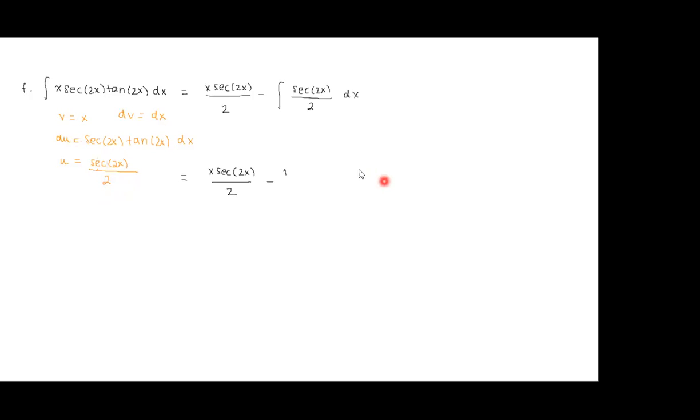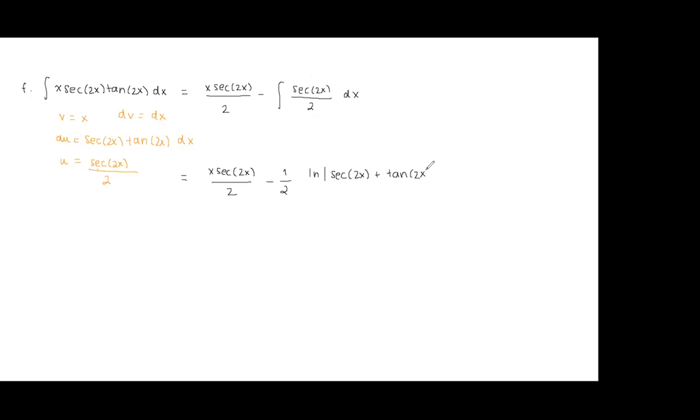Yeah, okay, good. So the 2 is going to come out, and that's really important because it's going to happen once again when we find the antiderivative of secant of 2x. The antiderivative of secant of 2x, I know I'm going to get ln of secant of 2x plus tangent of 2x.